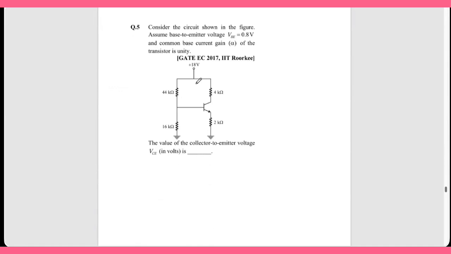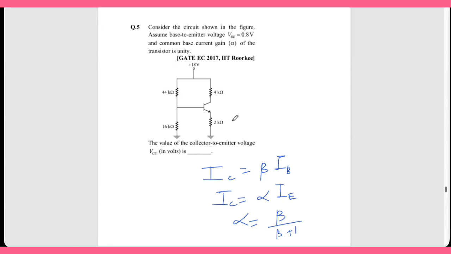So we know IC is equal to beta IB, and we also know IC is alpha IE. Alpha is generally beta by beta plus 1. So here we are saying alpha is 1. So alpha is unity. So IC is equal to IE.